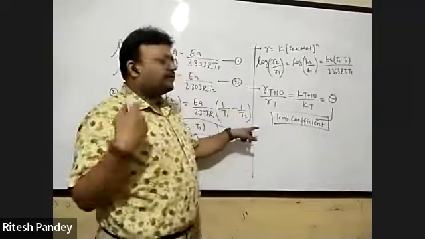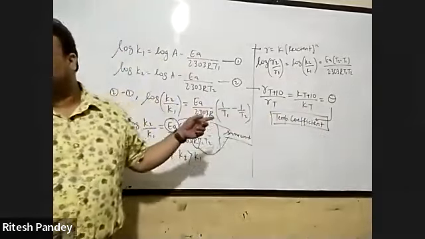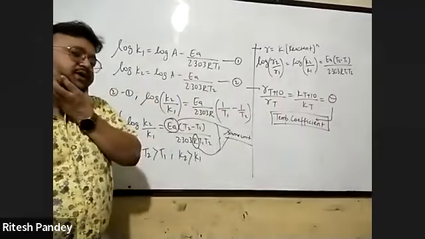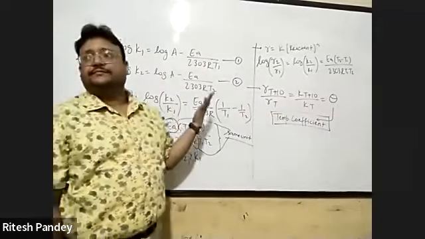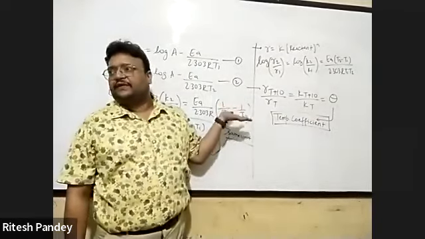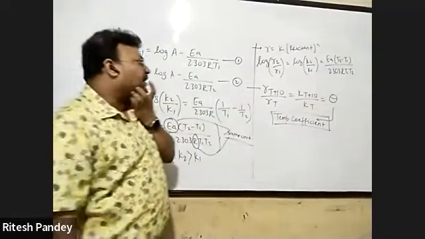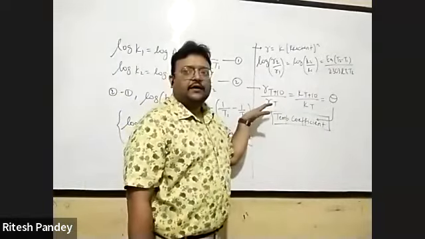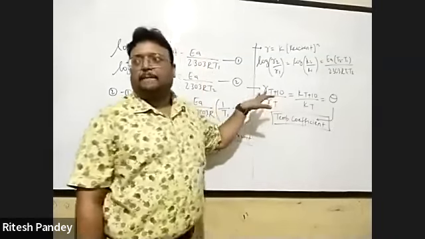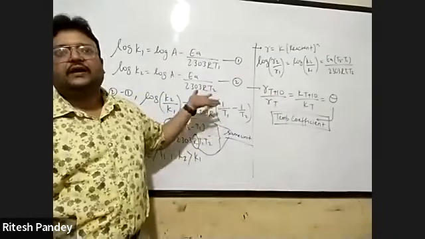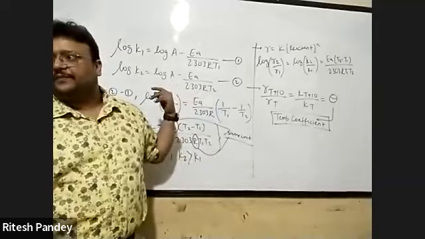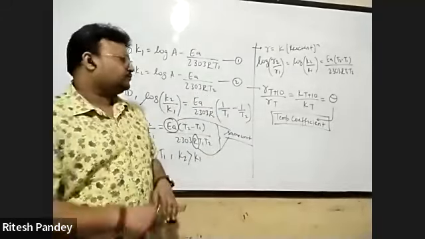It is supposed to be the ratio of the rate of a process with every 10 degrees Celsius or Kelvin change in temperature. So when I write R(T plus 10) by R(T), it's the ratio by which the rate is changing per 10 degrees Celsius or Kelvin increase in temperature. Yes or no?